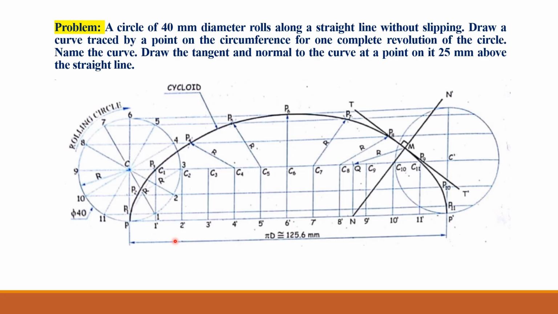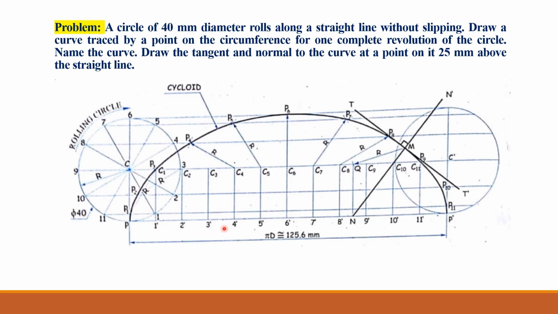Now say here the numbering is given from the left side. So that is 1 dash, 2 dash, 3 dash, 4 dash, 5 dash up to P dash. So here 12 parts are done of this straight line.